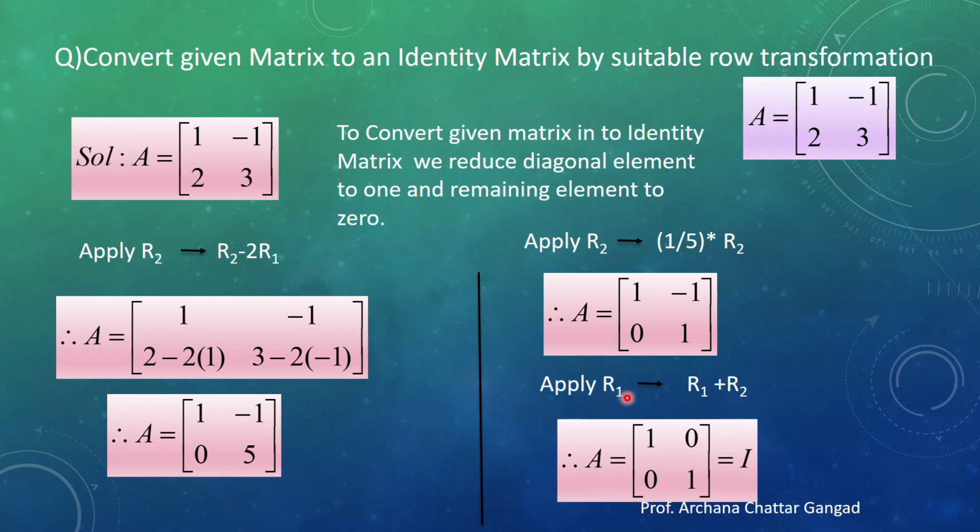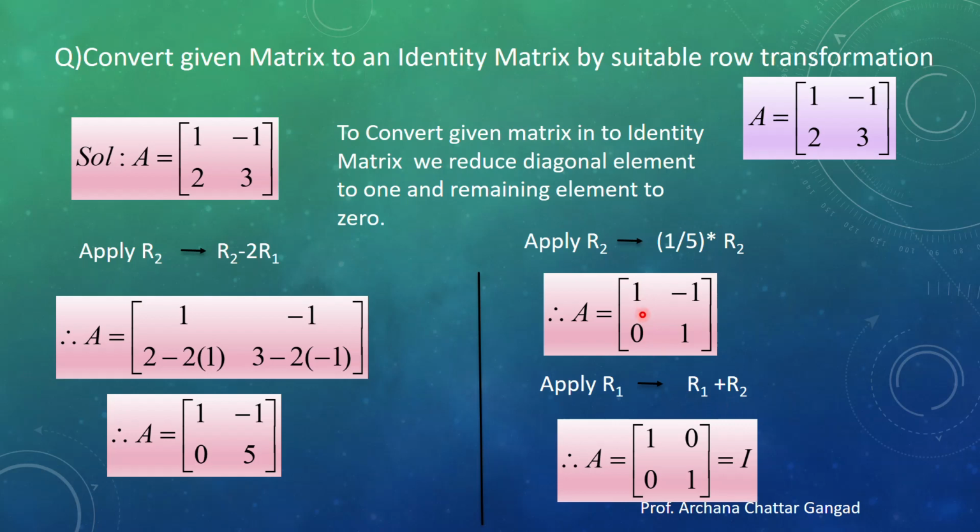So R1, how it will be changed? Just we have to add the one number, and one number is in a second row. So R1 plus R2 with respect to second diagonal element, we have to perform the row operation here. So R1, that is minus 1, plus R2, that is plus 1. So minus 1 plus 1, it becomes 0. So next row operation should be R1 plus R2.